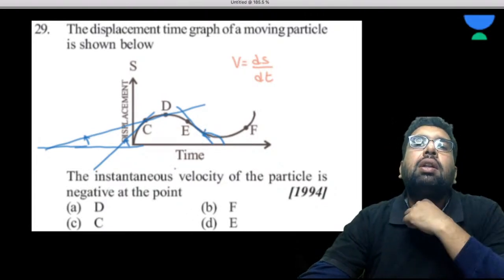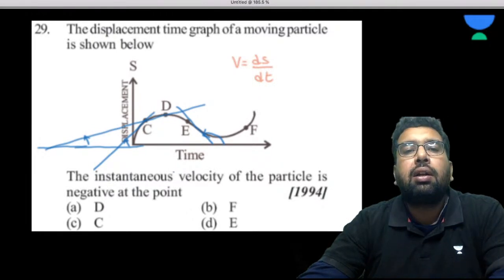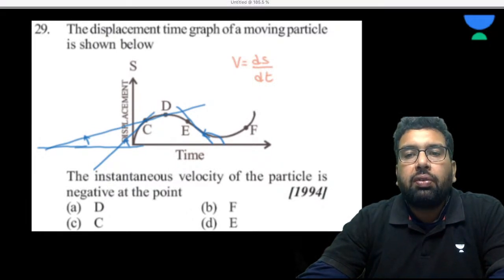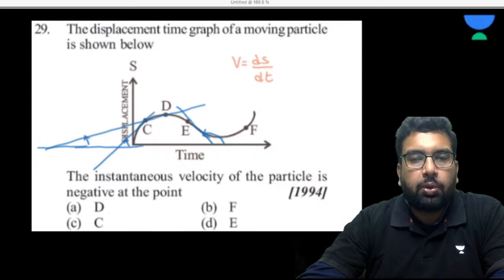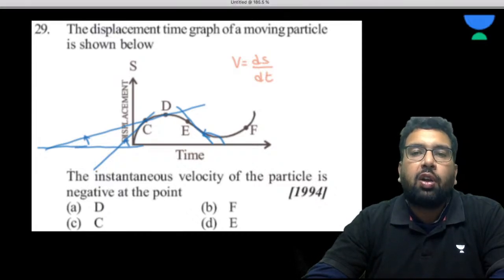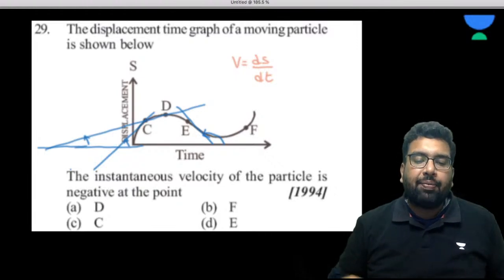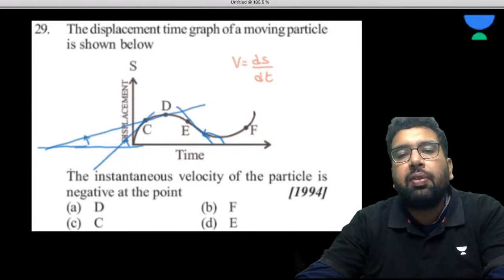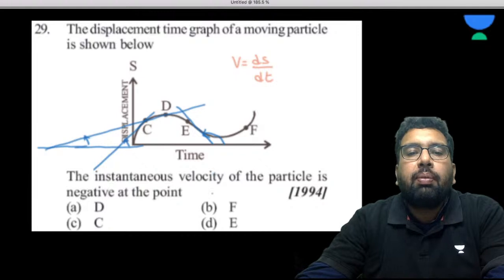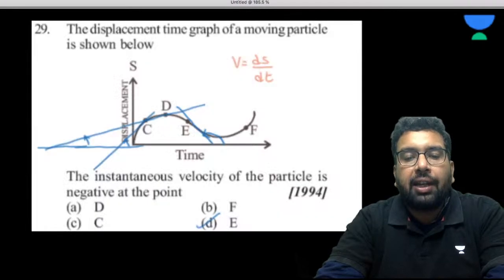So when the angle that the tangent of the curve makes with the positive x-axis becomes obtuse, the velocity becomes negative. Do we know that? Yes sir, absolutely. So at the point E, the velocity will become negative.